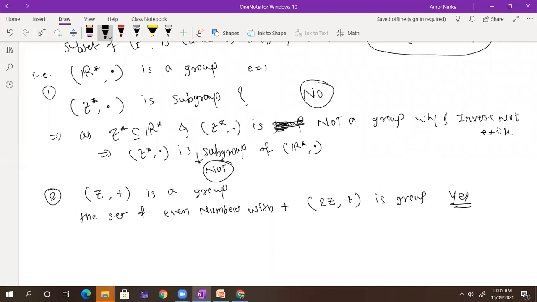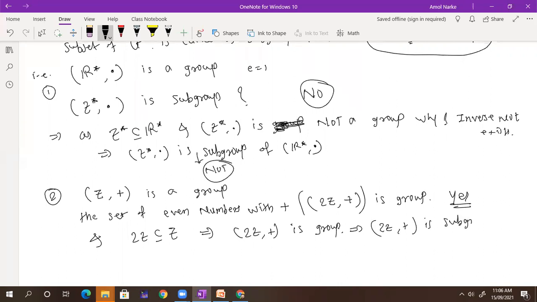Now understand, this is also a group, and 2Z is a subset of Z. Every element of 2Z belongs to Z. This implies the set of even numbers with plus is a group, and 2Z with plus is a subgroup. So we have two examples.